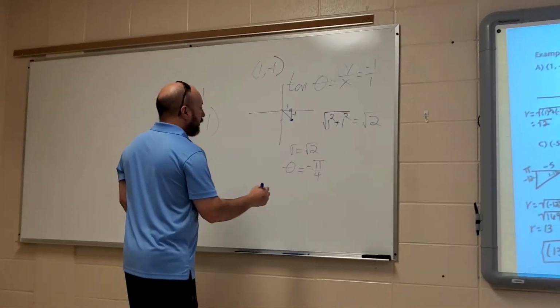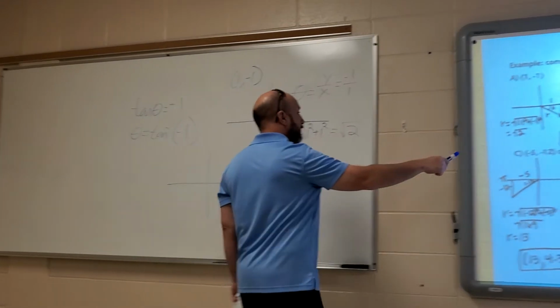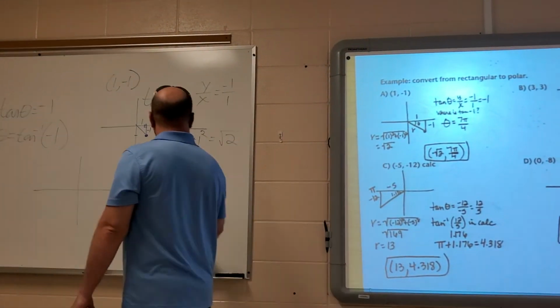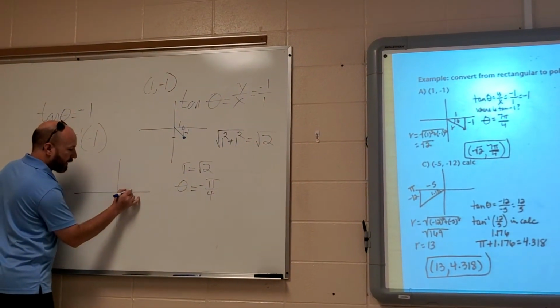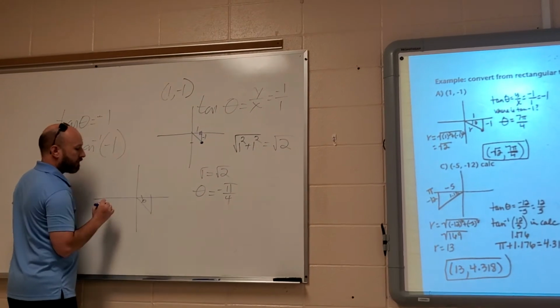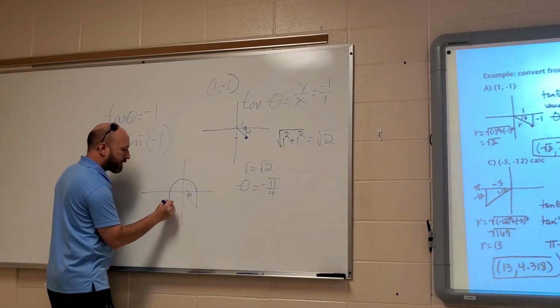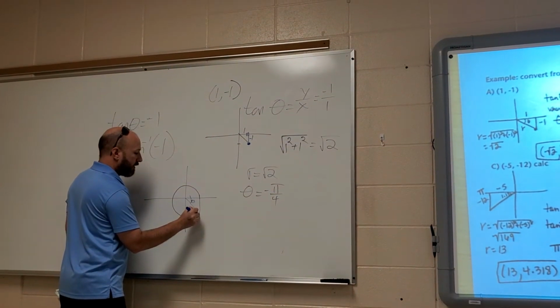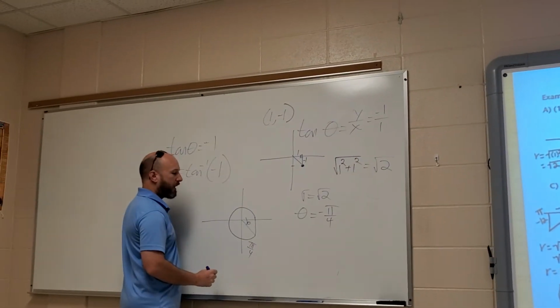Now, if you think about the unit circle, because on the notes it says 7 pi over 4. Well, wait a minute, you said it was negative pi over 4. Well, if you look at this, if you go from here all the way around the unit circle to here, you've traveled 7 pi over 4.